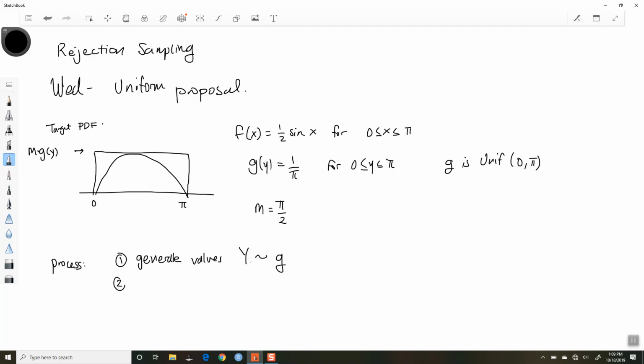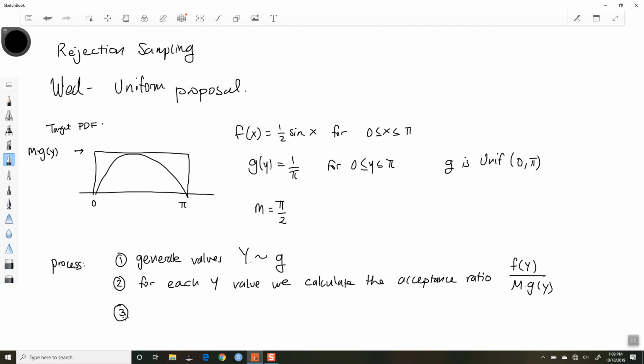And then for each y value, we calculate the acceptance ratio, which is f of y divided by M times g of y.